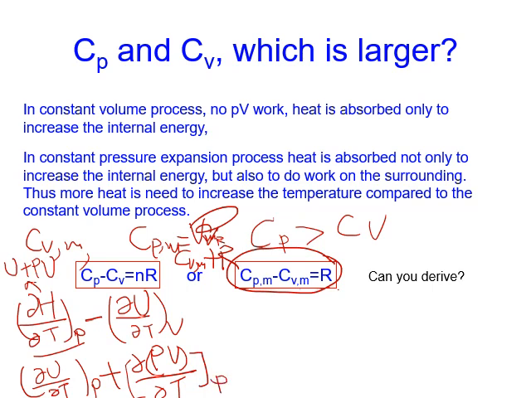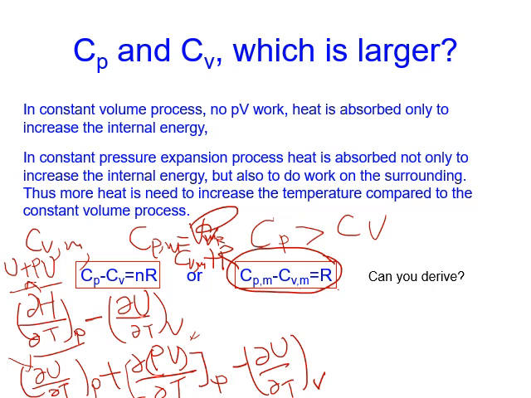Because enthalpy is U plus PV, you can separate the U derivative and the PV derivative. Then you need to subtract Cv, which is the U derivative over T under constant volume.